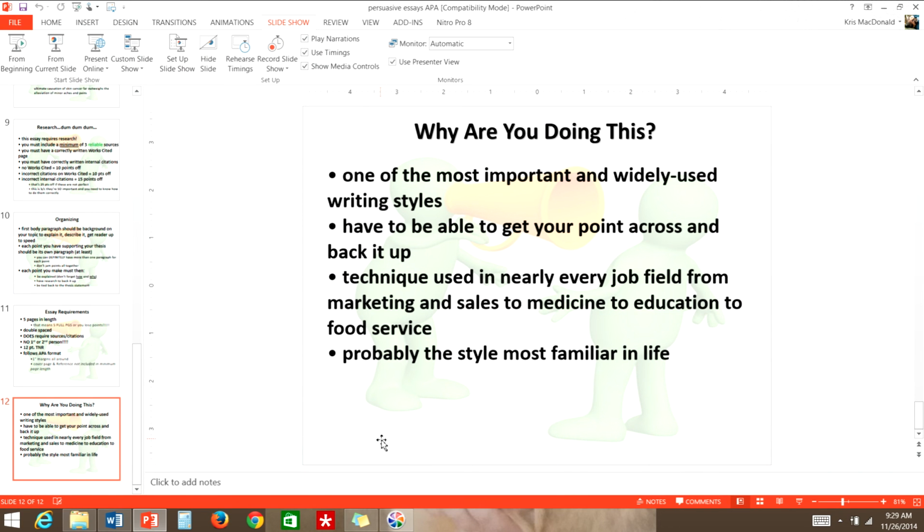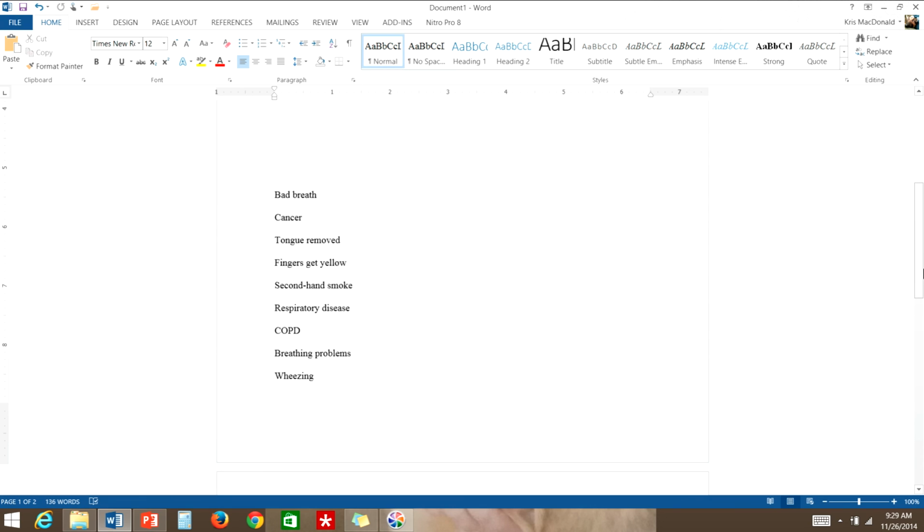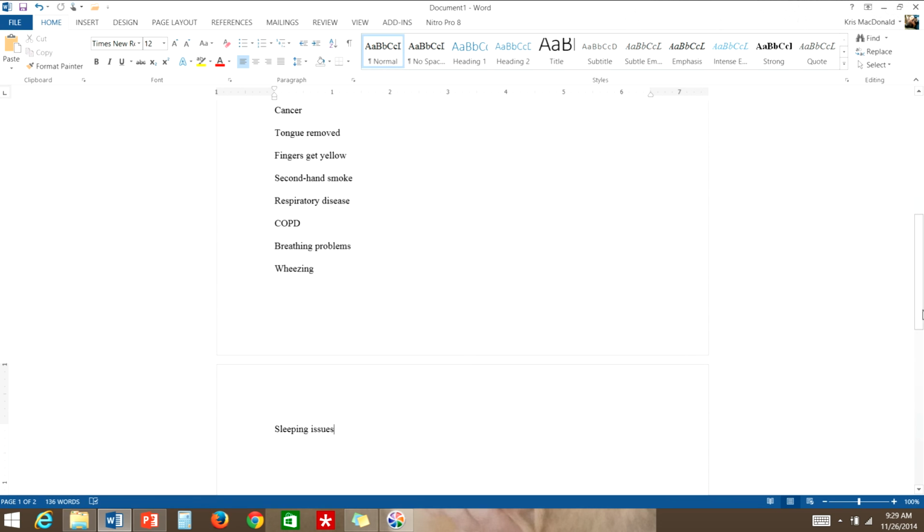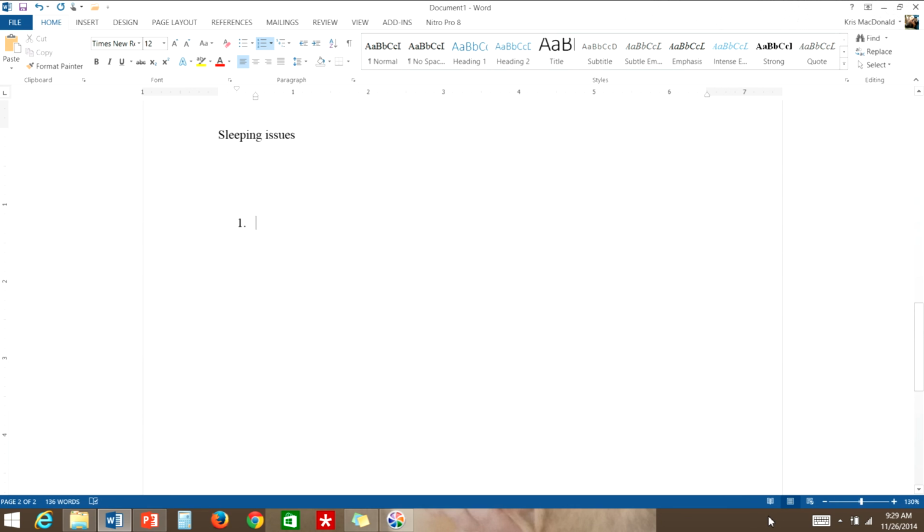So, black screen. So here's how I suggest that you go about doing this. Let me give you some steps. I hope you can see this. So, step 1 is pick a topic. Step 2 is figure out your stance, position, opinion.